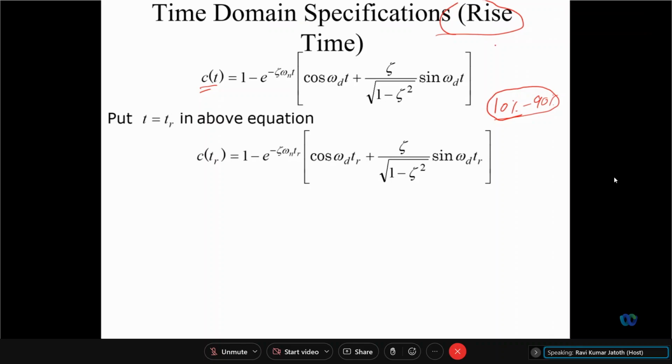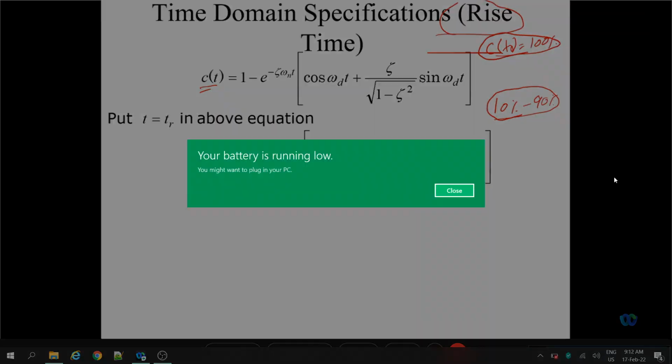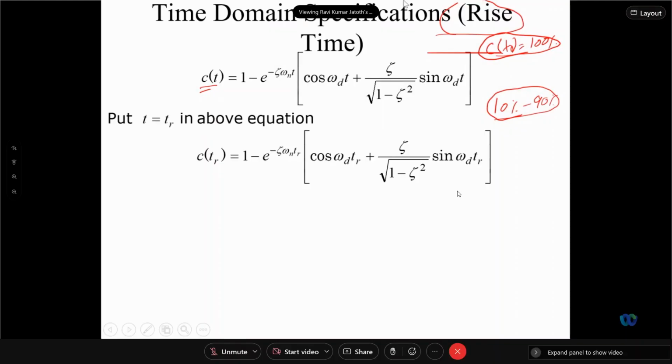So instead, what we can do is try to find the time where the response will reach 100% of its final value. Is it fine? Okay, sir. So then C of t is 100%, which means we have to substitute here at C of tr.